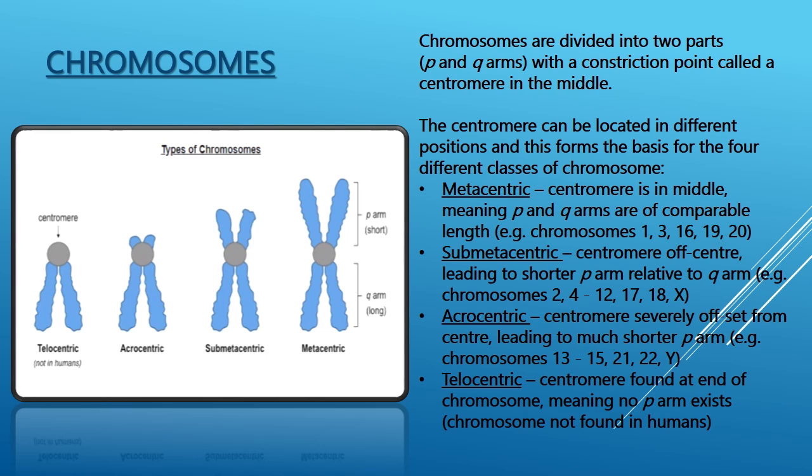Acrocentric chromosomes are those where the centromere is severely offset from its center, leading to a much shorter P arm and a longer Q arm. Telocentric chromosomes, the centromere is found at the end of the chromosome, meaning no P arm exists. That is, telocentric chromosomes are not found in human beings.